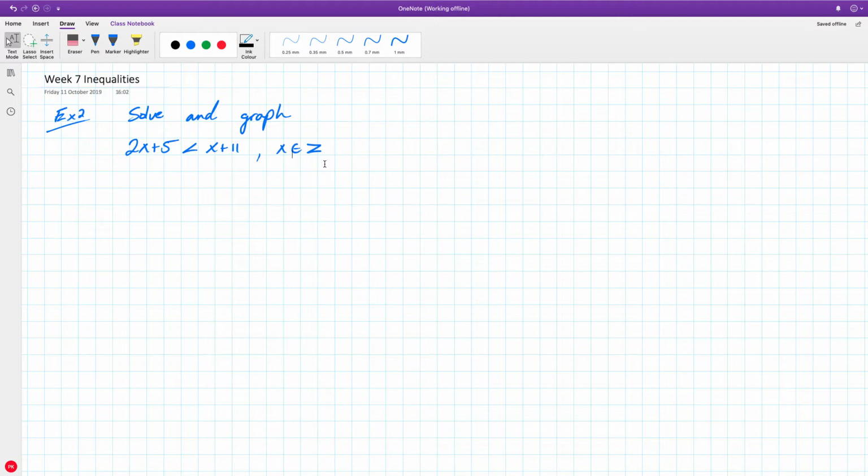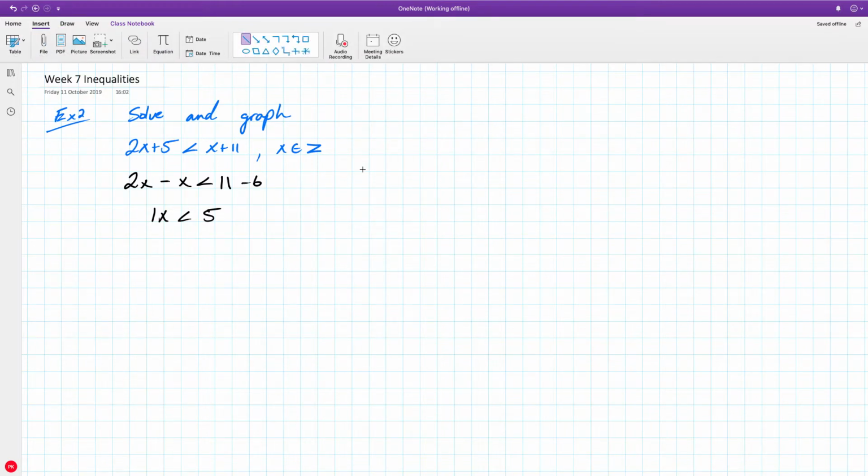All right, let's have a little look at it. So, with that in mind, 2x plus 5 less than x plus 11. X is on the left. 2x minus x less than 11 minus 5. 2x minus x is 1x, is less than 6.